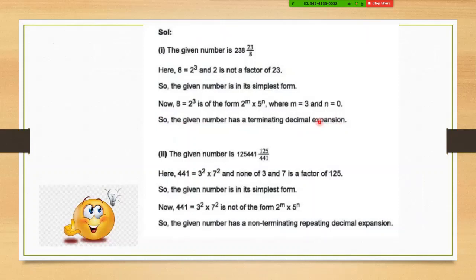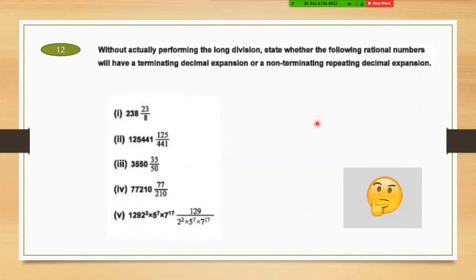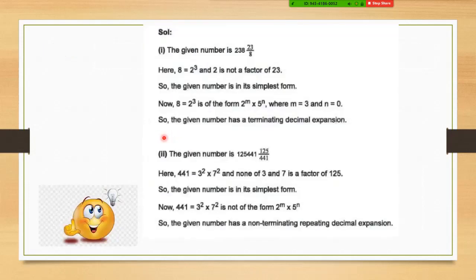Okay with that? Next. Always see to it that if these are mixed fractions, you convert them properly. Now this is 125 upon 441. Put it into the simplest form and check that they are co-primes. So check whether anything can be divided. 125 upon 441 is already in the simplest form.